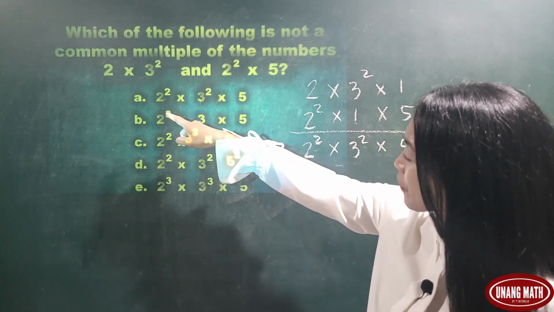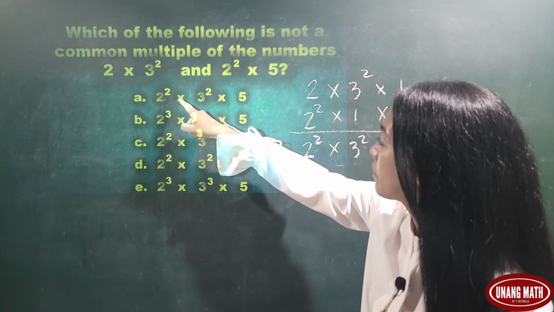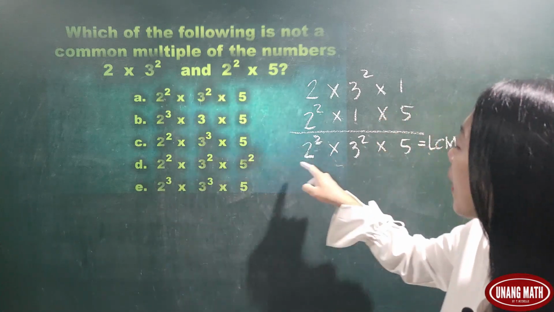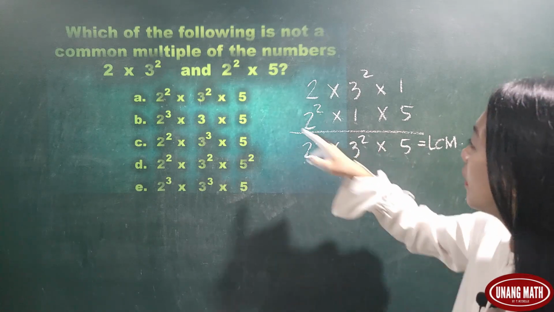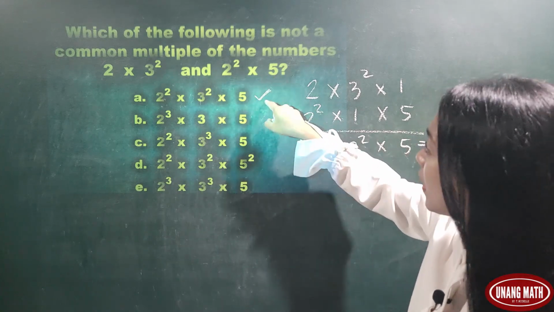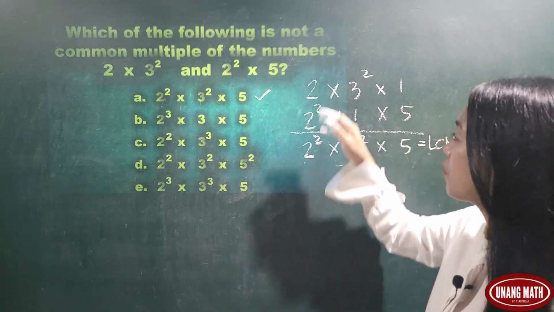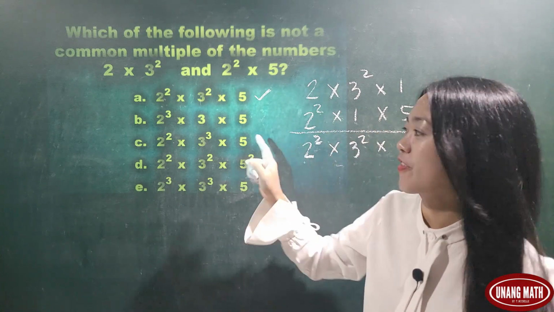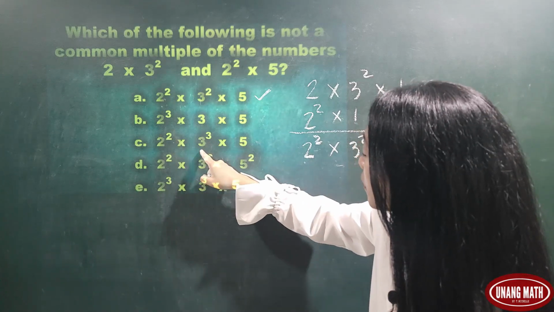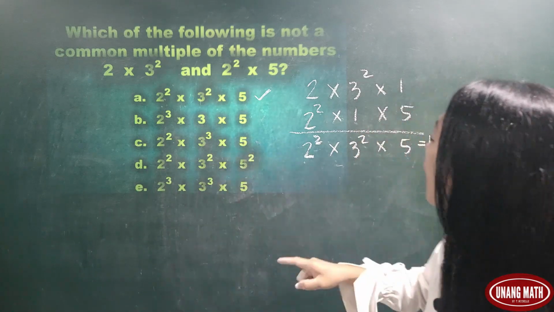Okay, let's have the first one. 2 squared times 3 squared times 5. This is exactly the least common multiple. So it means A is a common multiple of these two numbers. Let's move to letter C first. 2 squared times 3 raised to the power of 3 times 5.